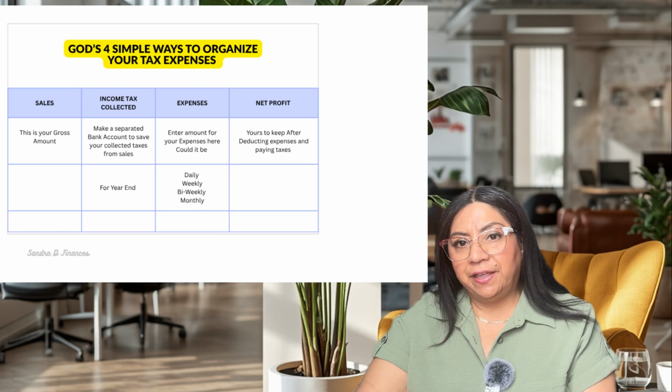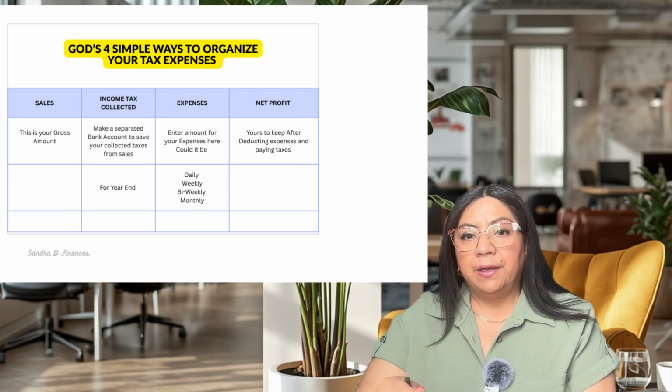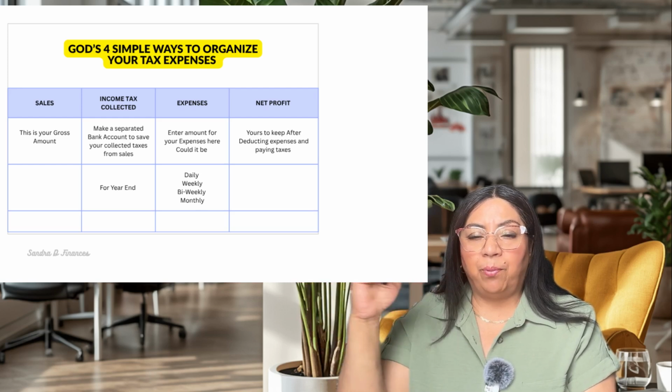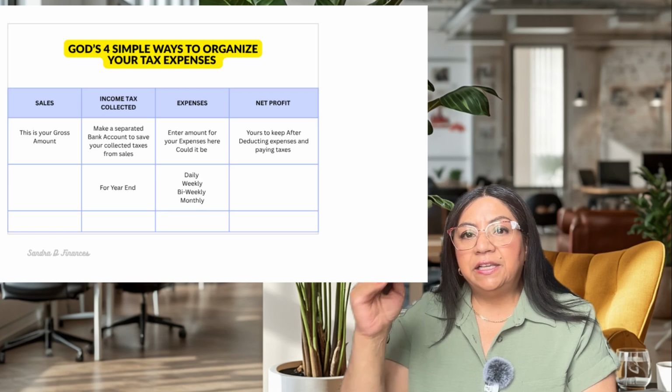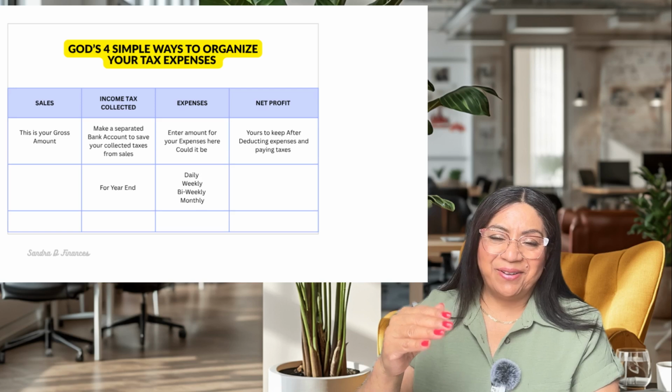So the last part for this organization is the net profit. You will just put your net profit there. This is the part that you keep, after all the sales and all the work.